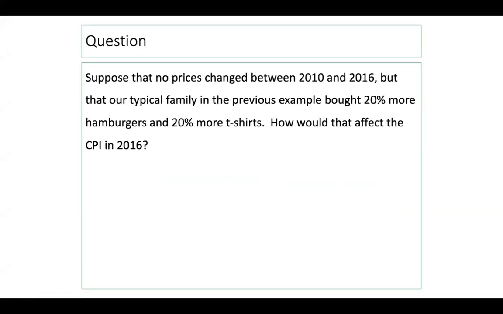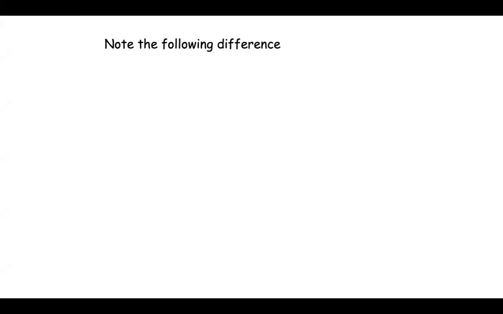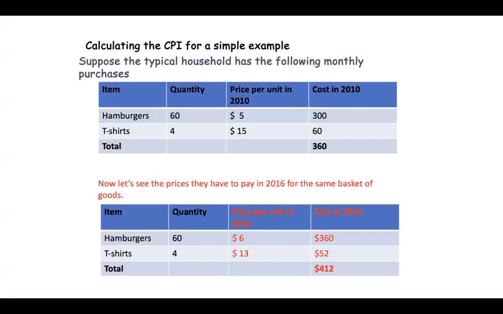Professor, in the previous slide, the numbers were different. Like here it's 114.4, and in the box below it's 14.4. No. 412 is the cost in dollars of the basket of 60 hamburgers and 4 t-shirts, but that's not the price index.